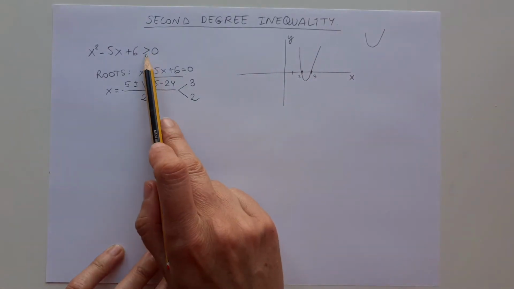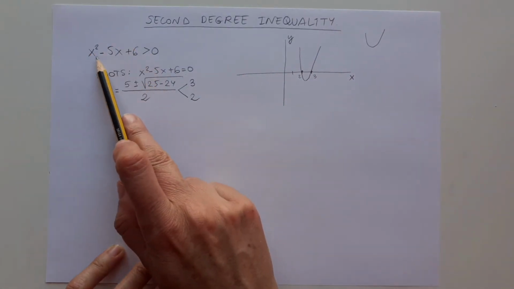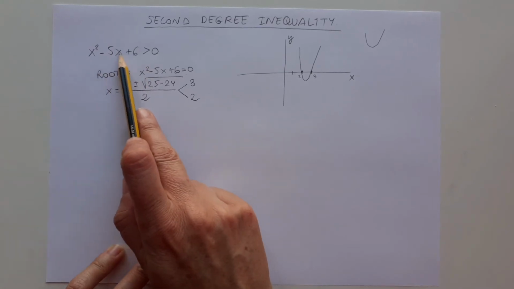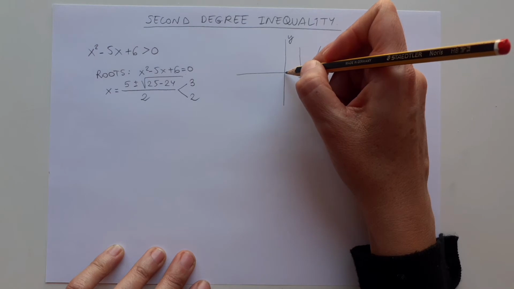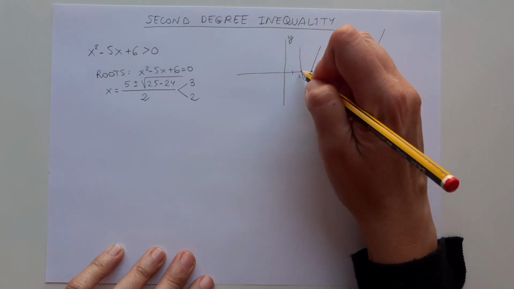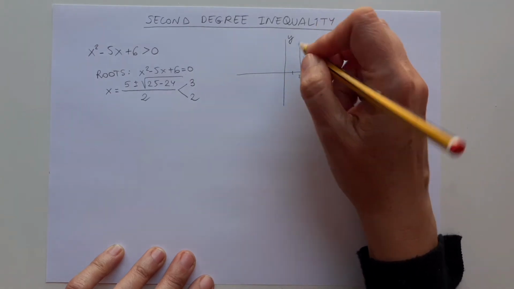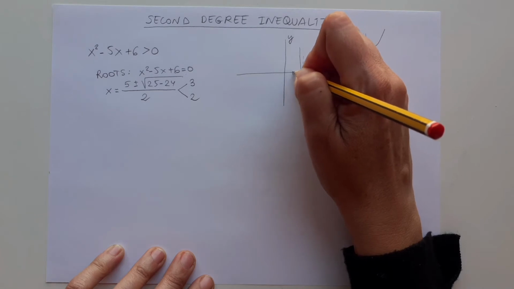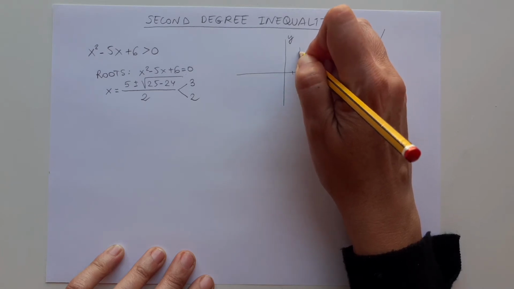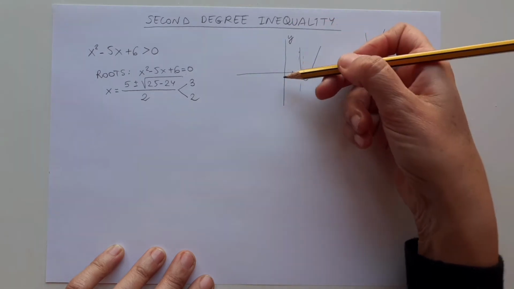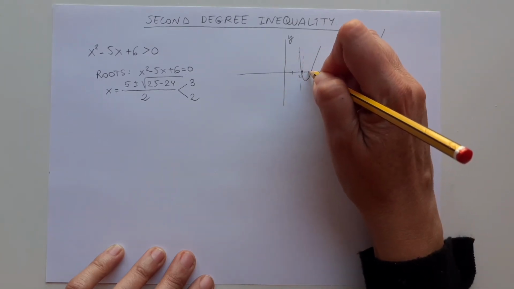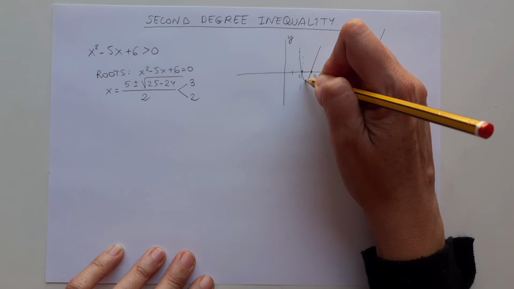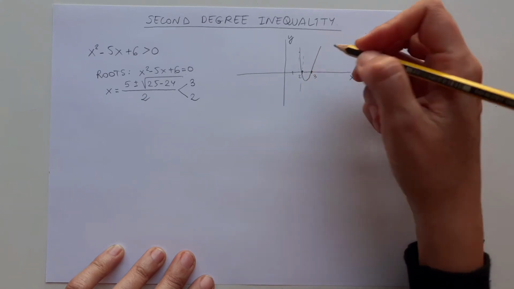Since I'm looking for values where my parabola is positive, when I input x, so that my parabola has positive results, this will happen when I place values of x here, because the result will be positive. It is upwards in the y-axis. If I place these values of x, my result will be negative because my y will be downwards.